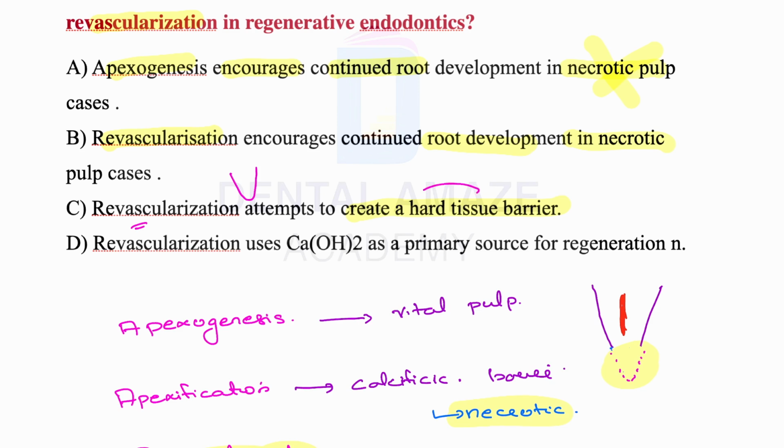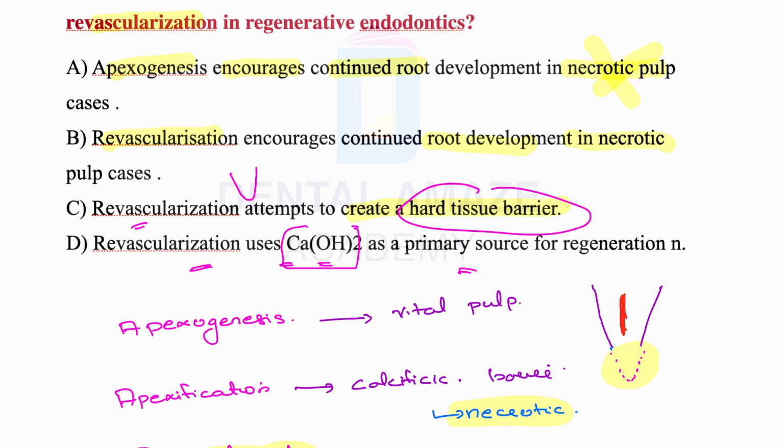The calcific hard tissue barrier is from apexification. Revascularization uses calcium hydroxide as a primary source? No, we need stem cells, as I told you, we need a scaffold, you need a medium.